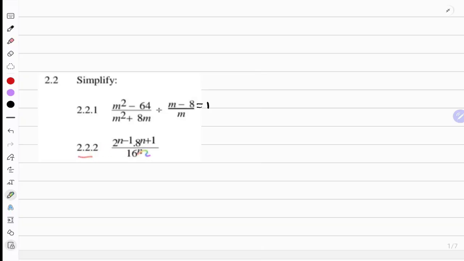So let's have a look at 2.2.2. We're given an exponential expression that we need to simplify: 2 to the power of n minus 1, multiplied by 8 to the power of n plus 1, all over 16 to the power of n.